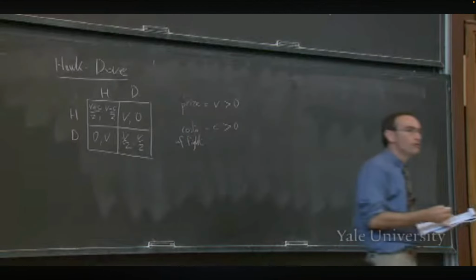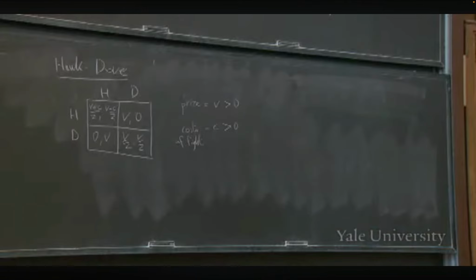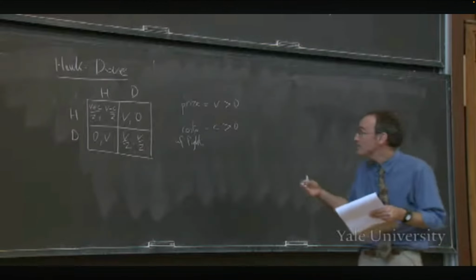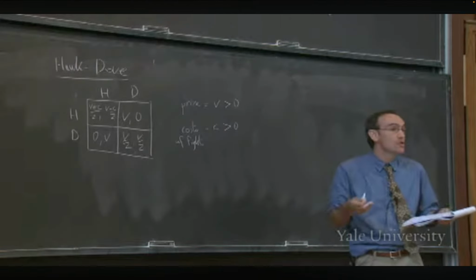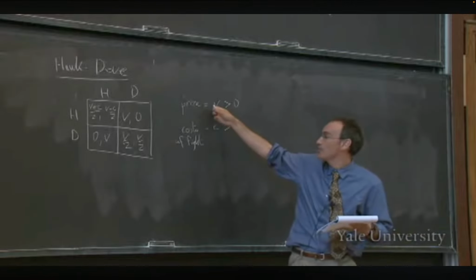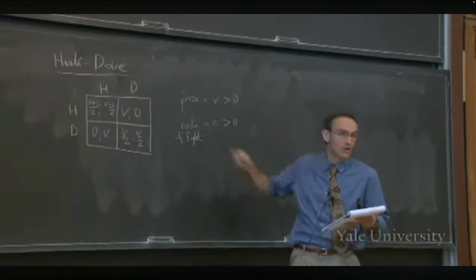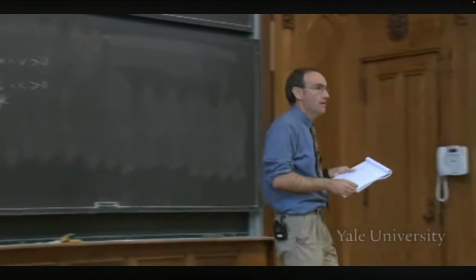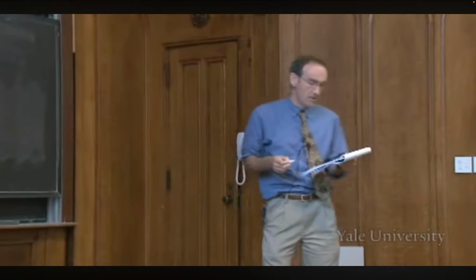And this more general format is going to allow us to do two things. We're going to ask what is going to be evolutionarily stable, including mixtures now, and we're also going to be able to ask, what will happen to the evolutionary stable mix as we change the prize or as we change the cost of fighting? All right, seems a more interesting, a richer game.